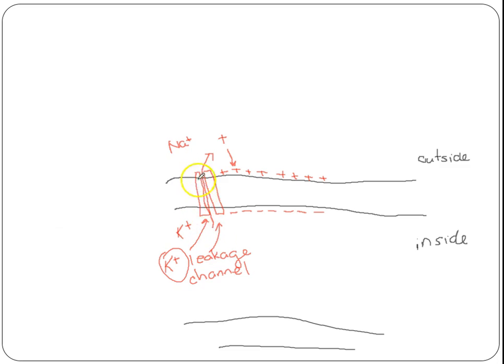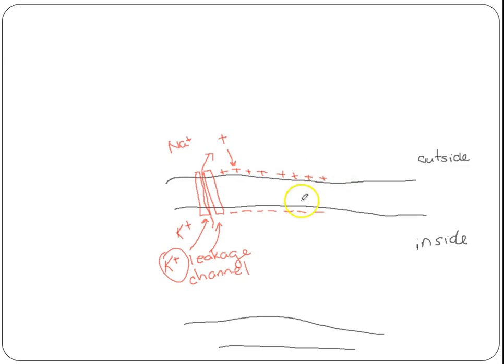We put leakage channels into the cell membrane, which allow them to leak, drip, drip, drip, out. That causes negative ions to want to follow them. However, the negative ions cannot get out, so they line up along the inside part of the cell membrane. That then causes the positive charges outside the cell membrane to also be attracted back across, but they can't get back in, so they line up along the outside of the cell membrane.